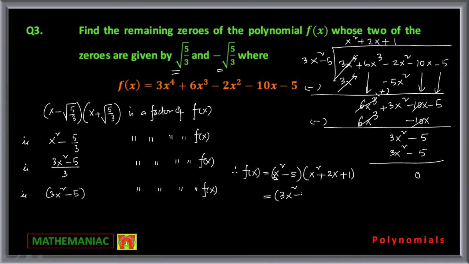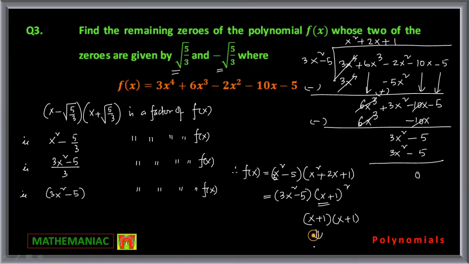Now this you need not factorize again, you only factorize this part. Now you see, it seems that there is only one factor, but it is repeated two times. That means x plus 1 into x plus 1.